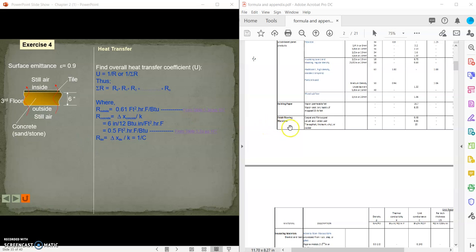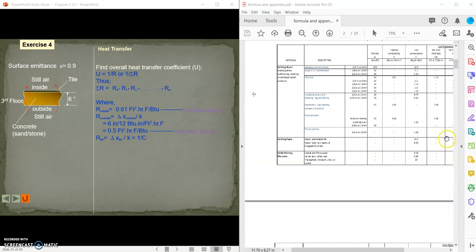So this is the R tile. R tile, asphalt, linoleum, vinyl or rubber. The thermal conductivity is given as C. So it's equal to 1 over C, 1 over 20 here. So it's equal to 0.05 feet square hour Fahrenheit per BTU. So this is an example of the layout of flooring on the side view.